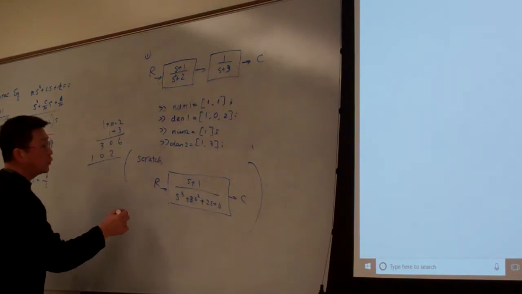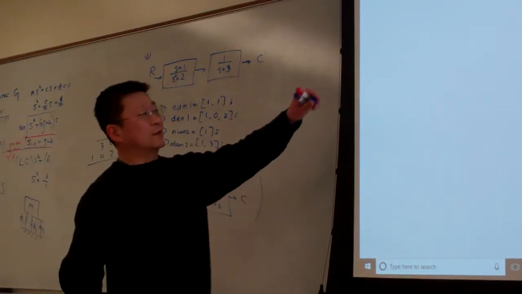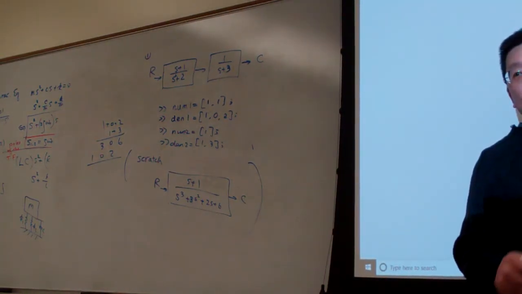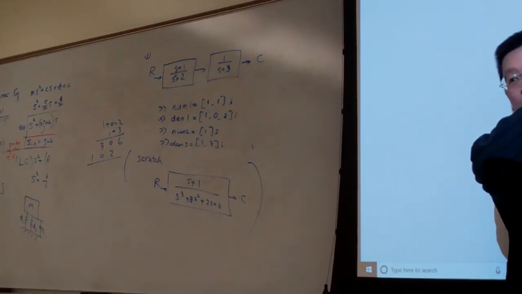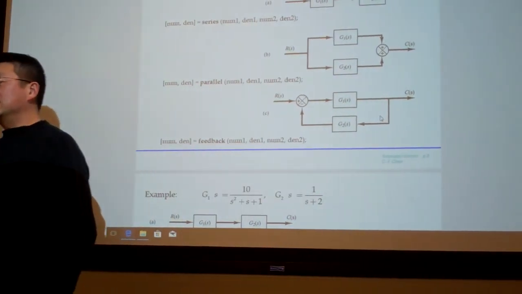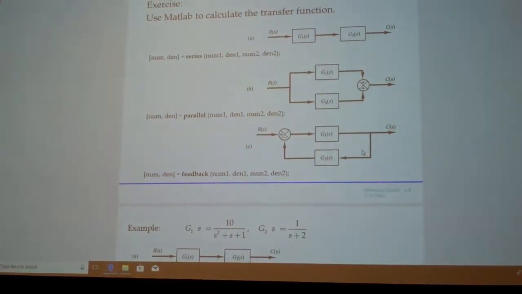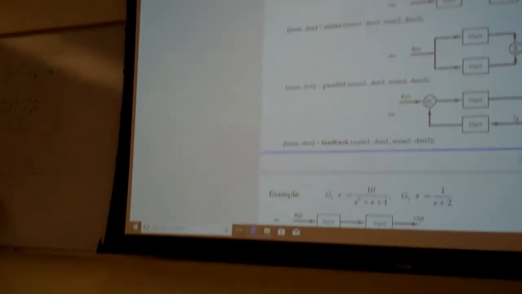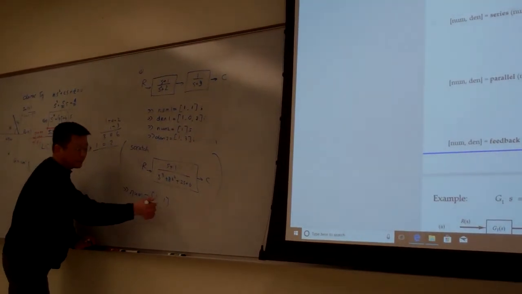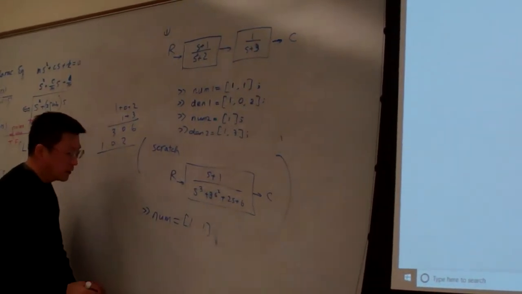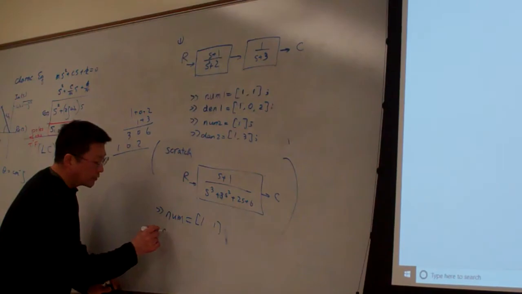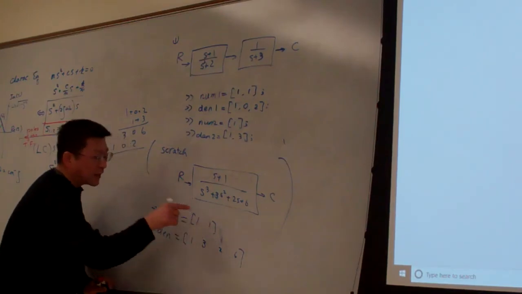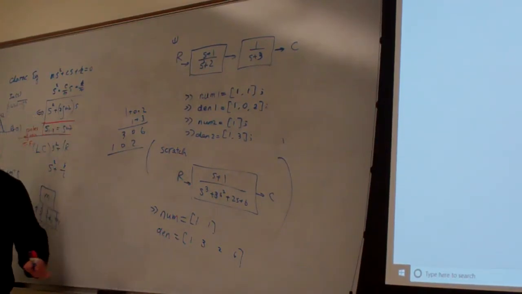So therefore, your output, once you hit this command and take away the semicolon, then right away, once you hit return, MATLAB will give you the answers. Num will be equal to 1, 1, with a space here, and also den will be equal to 1, 3, 2, 6. That is the answer MATLAB calculated for you.